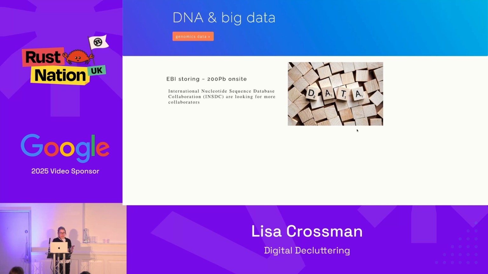I was at the EBI in December, and they said they were storing about 200 petabytes on site, which is all the DNA sequence which is publicly available, and all of it again as a backup. They're actually looking for some more collaborators, and they're hoping that they could have a model where different countries keep their own data on their own soil, as well as having this massive database.